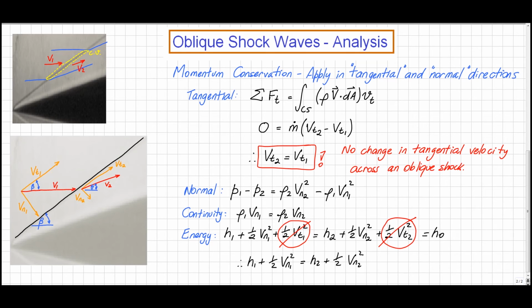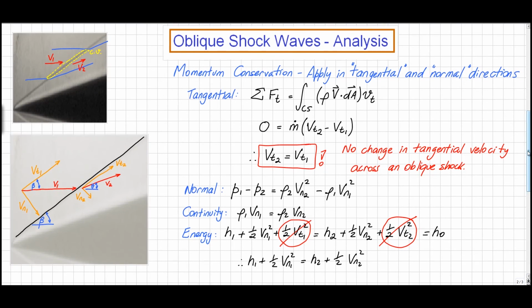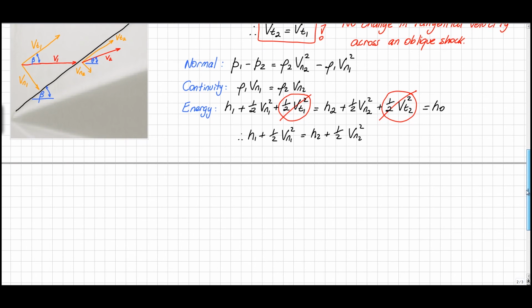Now let me just slide that screen down a bit. Now I want to bring up a result from our normal shock analysis. So we found from the analysis of the normal shock waves the following.